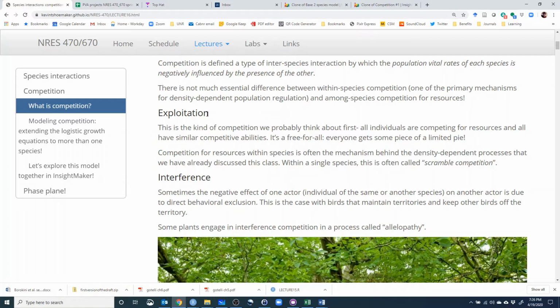That's intraspecies, or within species, competition, and then interspecies competition is competition among species for resources. But the mechanism's kind of the same.